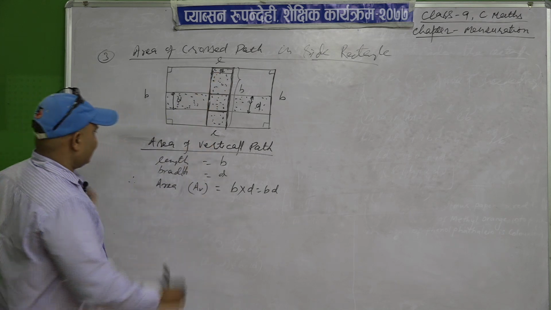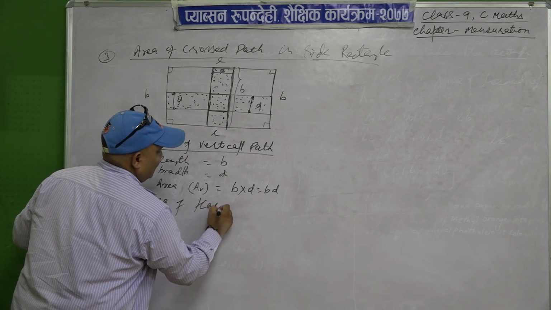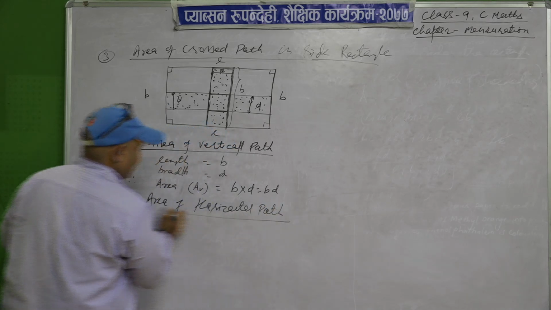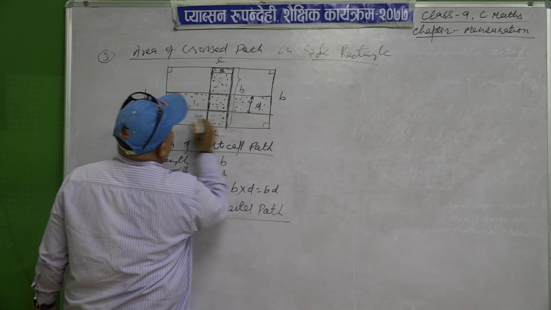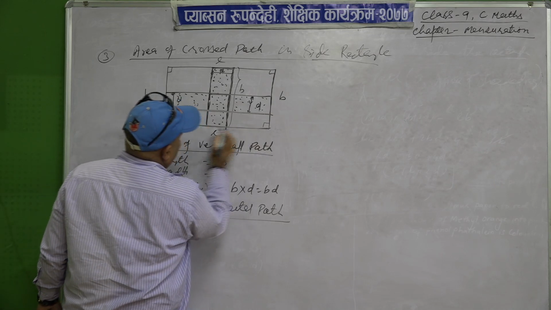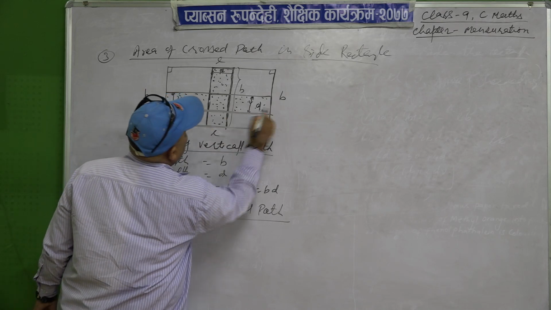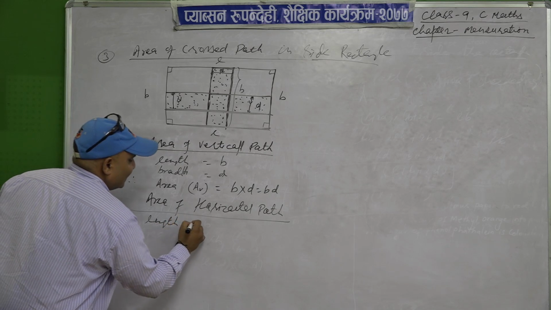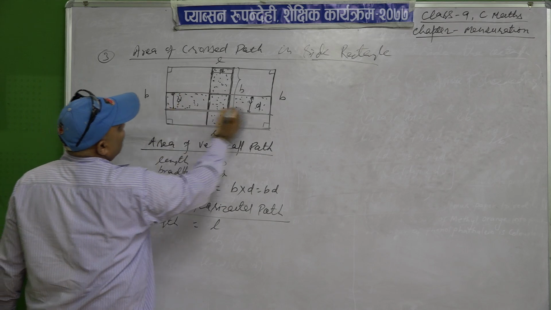Now the same for the area of the horizontal path. You only have to see this much. The length of this path is the same as the length of the rectangle. So the length of the path is L. And what is the breadth of this path?